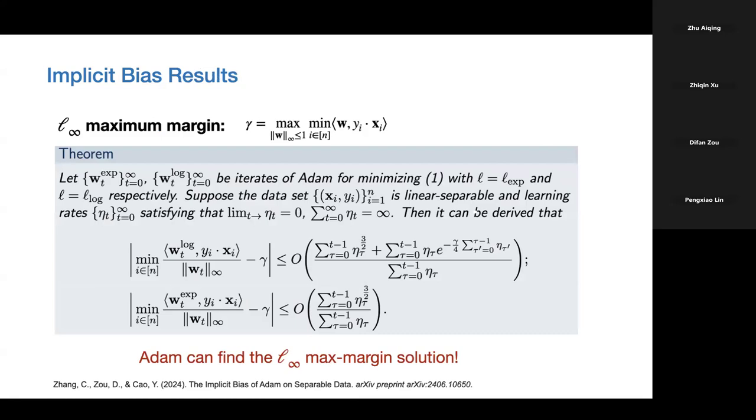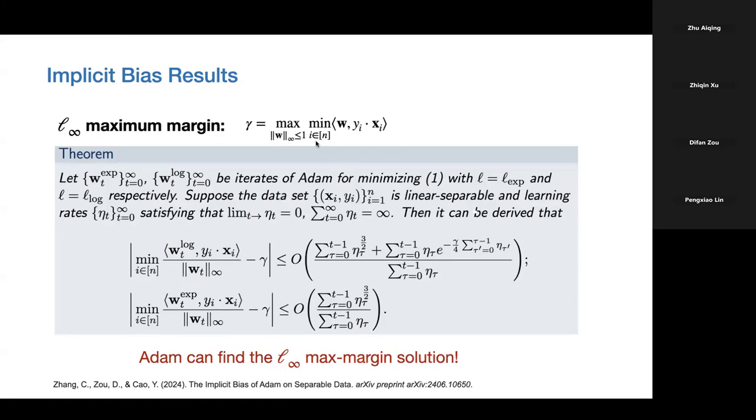And this is the basic implicit bias theoretical result of our work. We first have the formal definition of the L infinity max margin. We want to maximize the margin, where the margin is the minimum of the inner product over all the data points, under the constraint that the L infinity norm of W is smaller than 1.